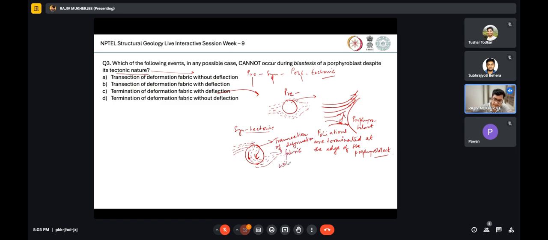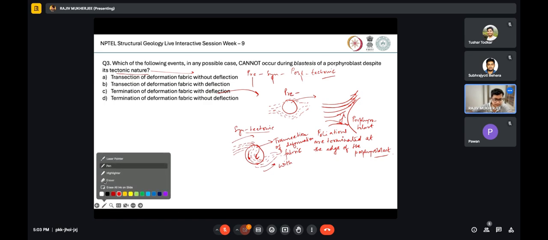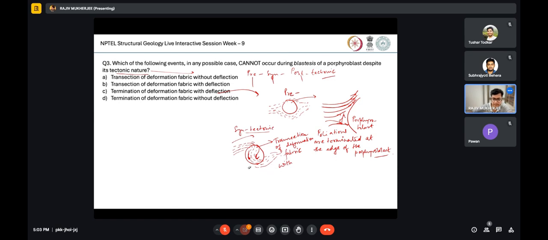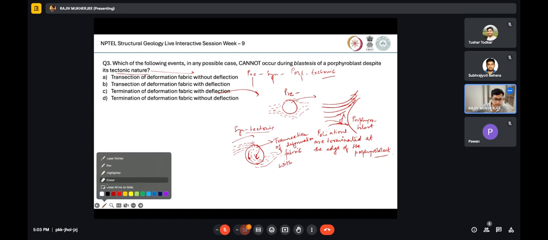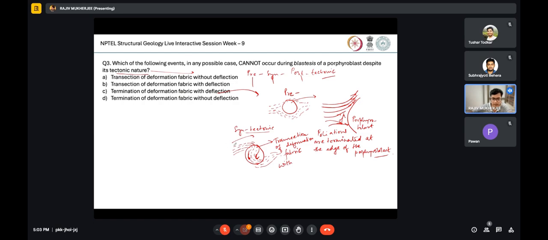With deflection. If there is a rotation, sorry, this is the wrong sign. So if there is a rotation, the foliation would deflect, right?